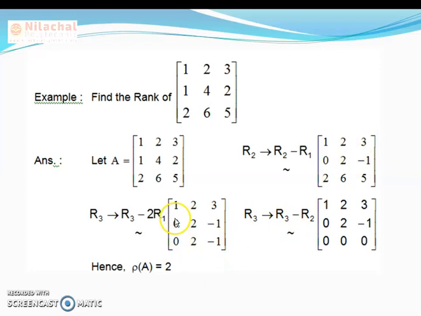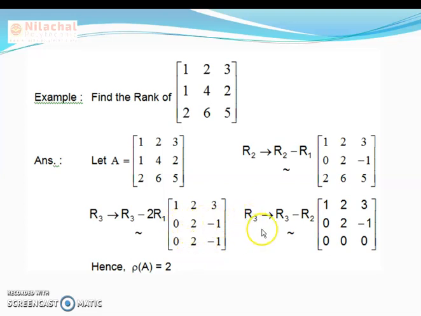Now you are getting these two elements as 0. Next, come to this value: this 2 must be converted to 0 by the help of R2 only, because this element lies on the diagonal. That means the 2 in R3 must be converted to 0 by the help of R2 only.